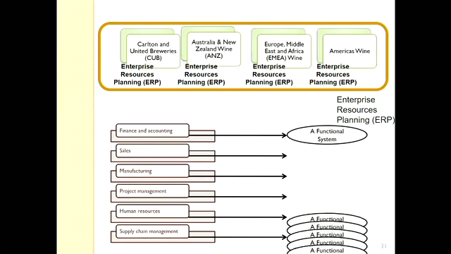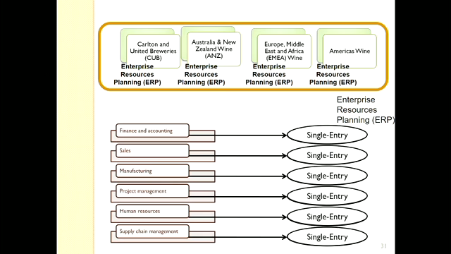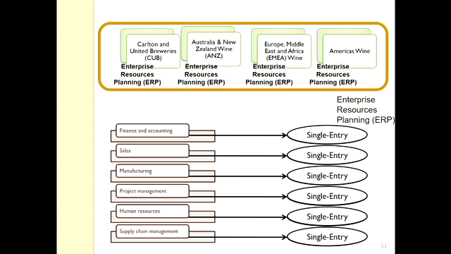So to overcome those problems, the company can implement an enterprise information system. Instead of having a unique function system for each location, now the company just needs one single entry, right? So what does that mean?